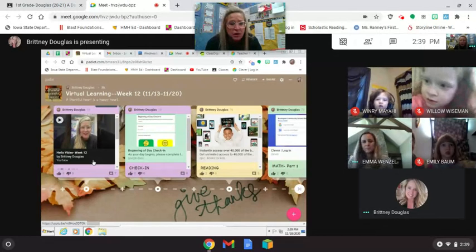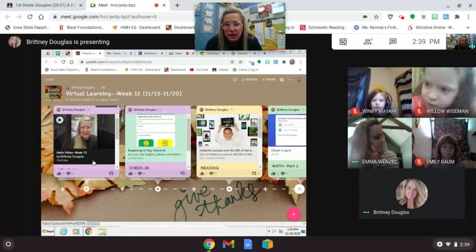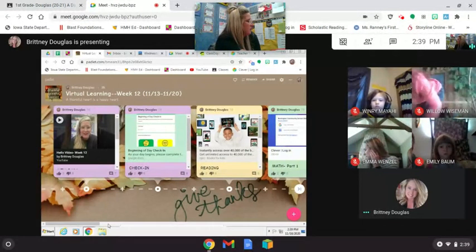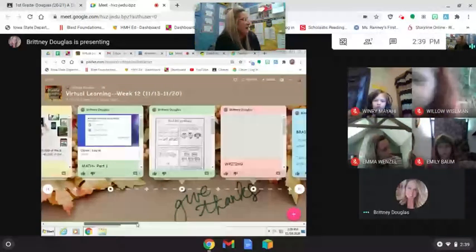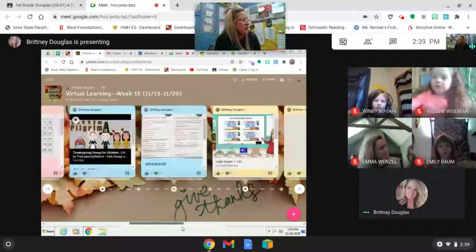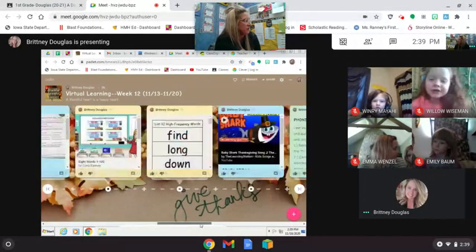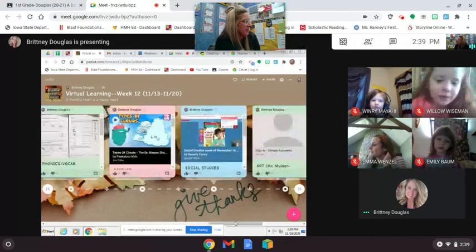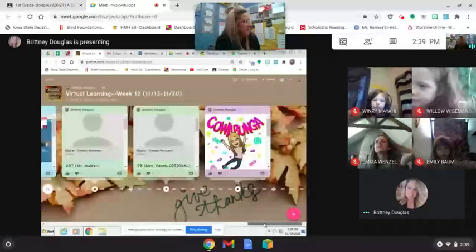So boys and girls, this is the Padlet that's due on Friday. So if you haven't done this one yet, you need to get on and work on it. There's worksheets and there's videos and there's lots of stuff on this one, just like every week, okay? The worksheets are what I already sent home with you. And if you have done it all, then you need to get on and sign your name under every box that you've already done to show me that you've done it.